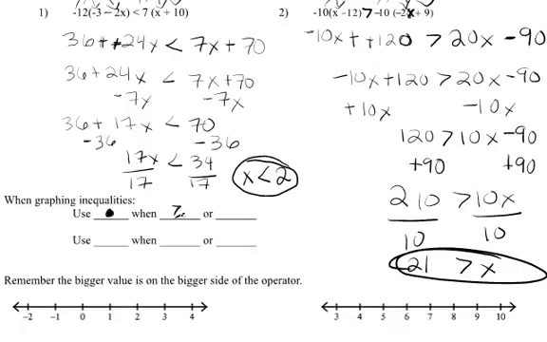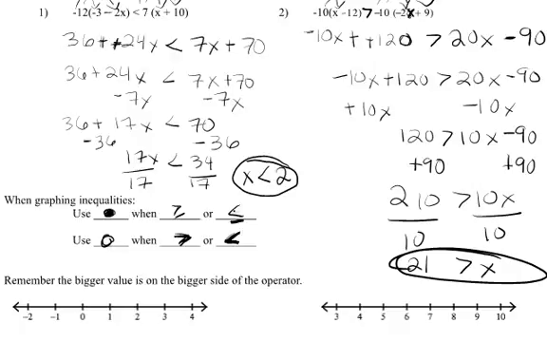So this is the greater than or equal to sign. This is the less than or equal to sign. So if the sign includes equal to, you're going to use a filled-in circle. If the sign is simply greater than or less than with no equal, then you're going to use an open circle. So let's see what we can plot here.